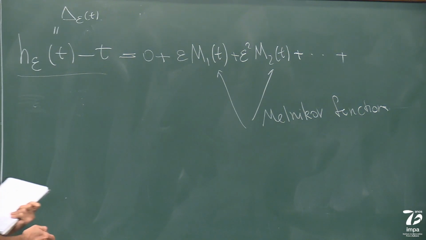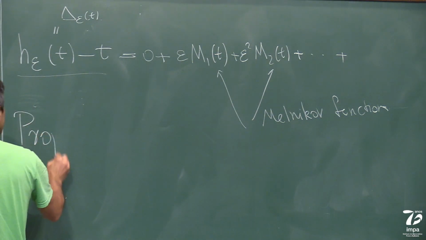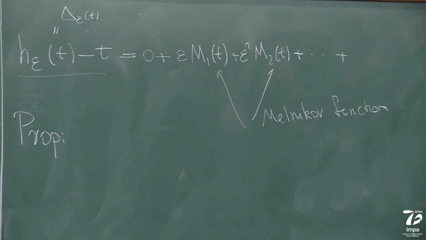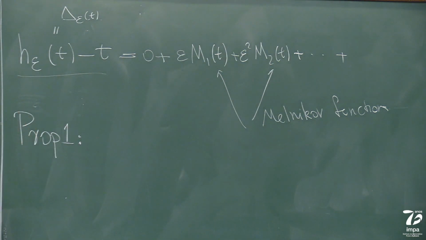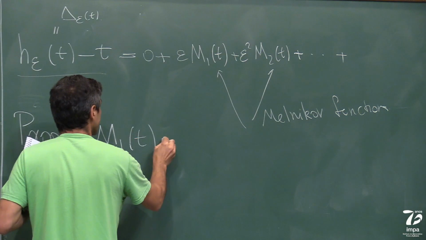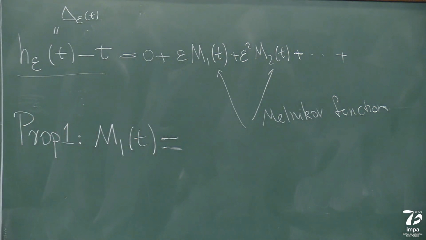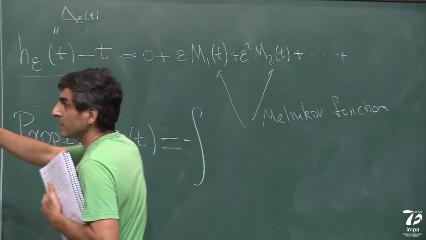Okay, so let me write two propositions. For the rest of the talk, I will just write these two propositions, whose proofs are kind of classical statements in the area, but maybe for those people who see this kind of thing for the first time, it is good. First of all, M1(t). You have the formula for M1(t), which was already mentioned, depending on the orientation of the delta t.